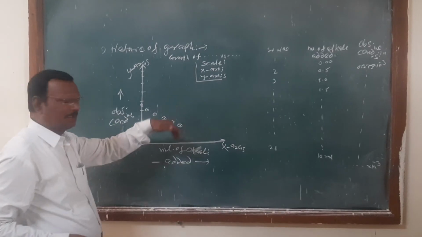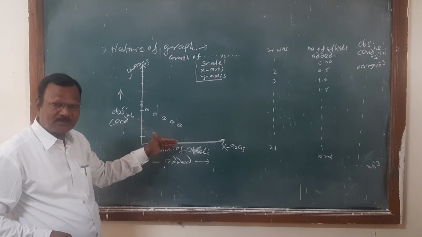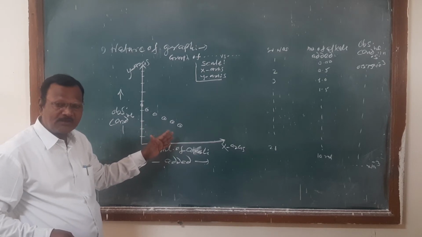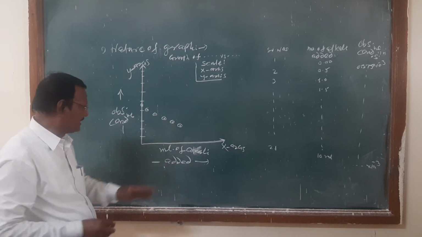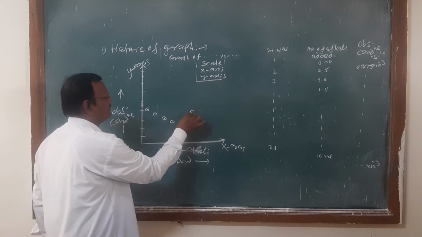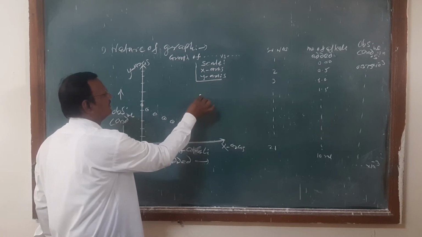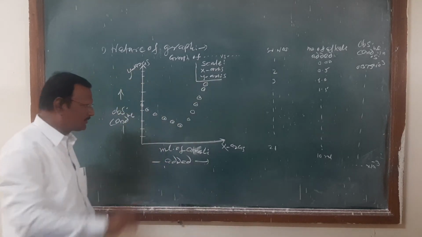After addition of alkali, the graph decreases firstly. Then, due to the equivalence point or completion of neutralization, the graph increases, through the first point, second point, third point, fourth point, fifth point, sixth point, and so on.